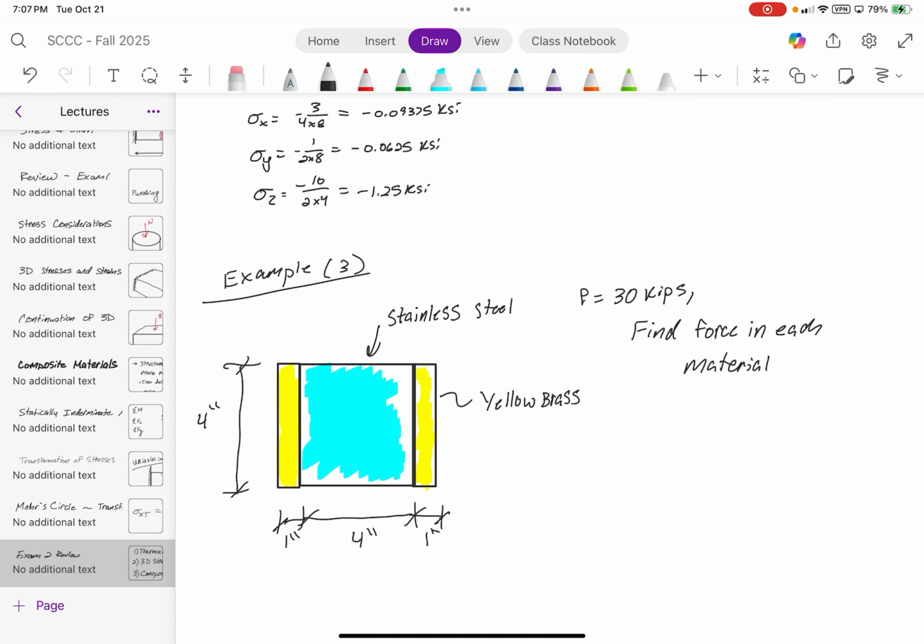Then your equilibrium equation is just 2 times the force in the brass plus the force in the steel. Otherwise, if you treated this as 8, then it would just be force in brass plus force in steel. You can do it either way, it'll work. My recommendation is to sum everything up as one material as you can.